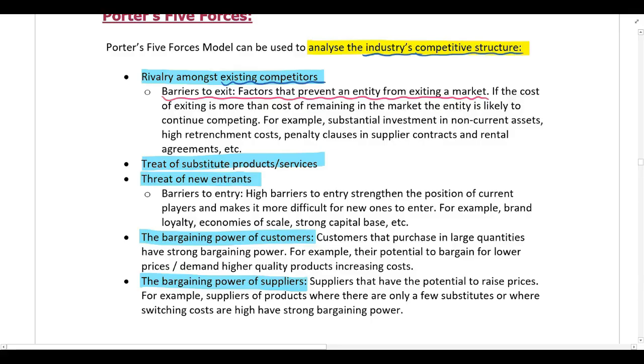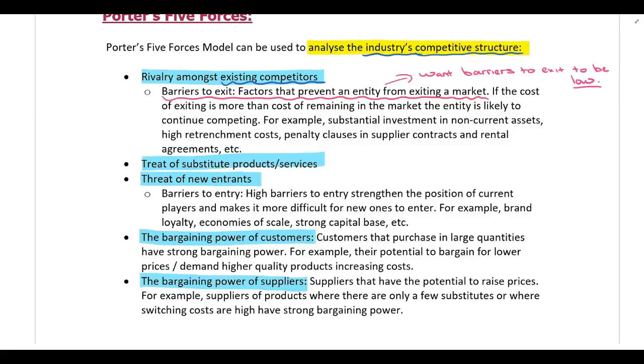So if you are operating in a certain industry, you are going to want your barriers to exit to be low. Because guys, if the barriers to exit are low, it means that your competition might decide to leave the market.